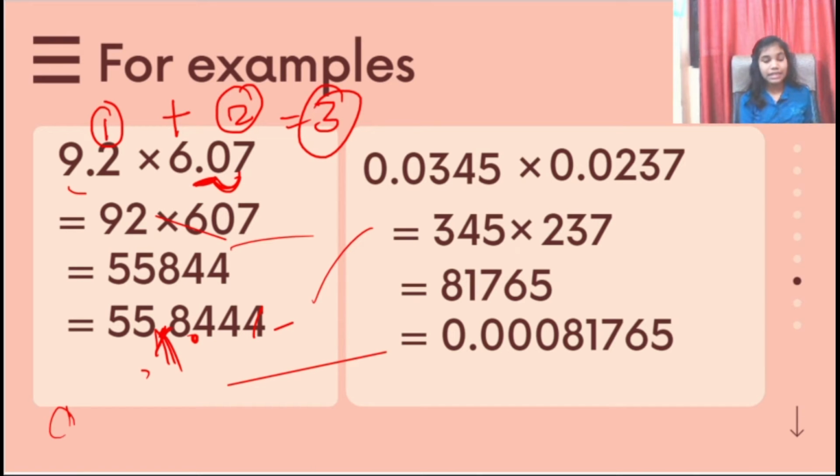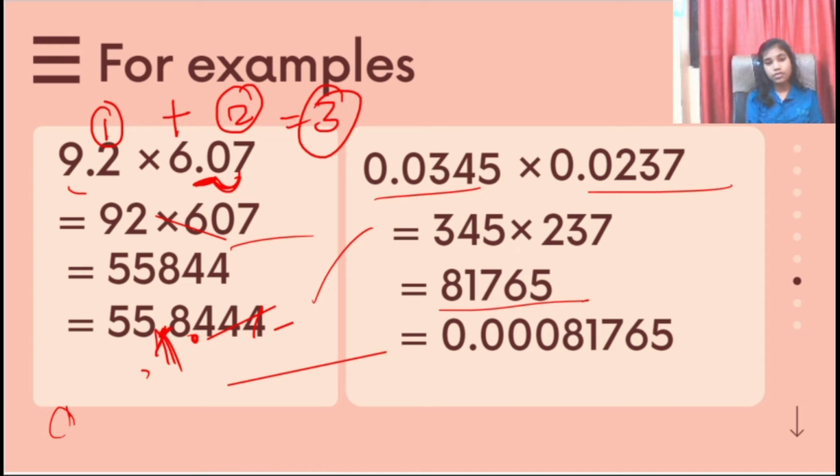Now let's study the second example, which is very similar to the first one. The second one says 0.0345 multiplied by 0.0237. Ignore the decimal points and treat them as whole numbers: 345 multiplied by 237 equals 81,765.